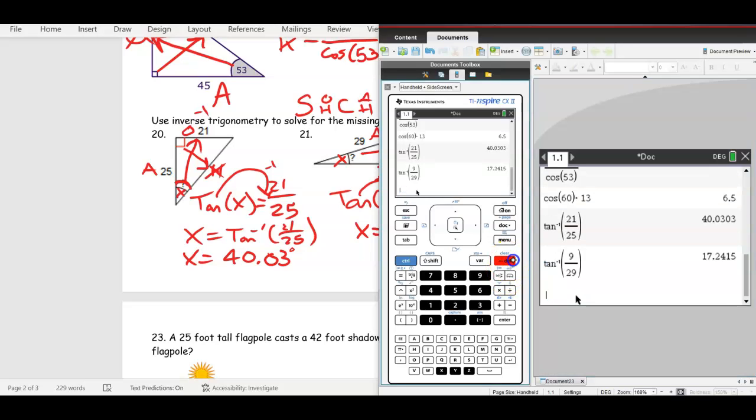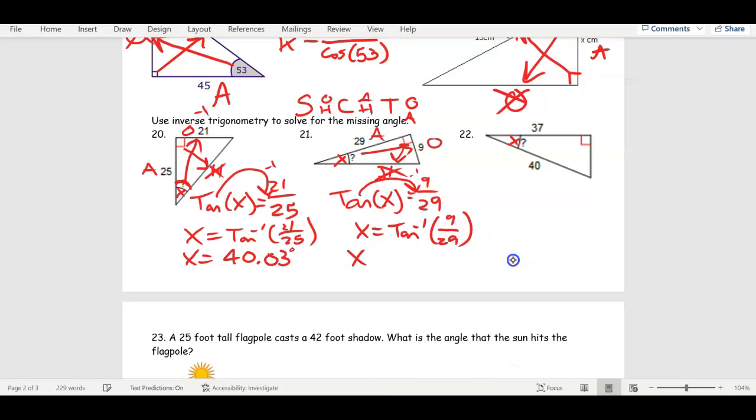Okay, tan inverse of 9 over 29 is 17.24 degrees. All right, last one on this section. O, H, and A. The missing side is O. So H is cosine: cosine x equals A over H, 37 over 40.